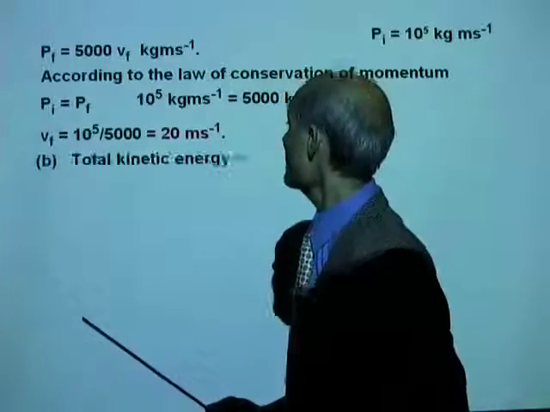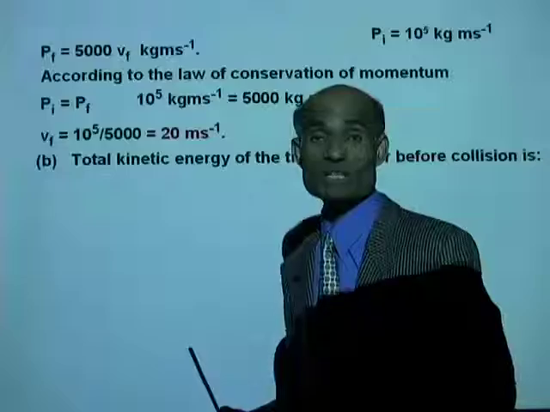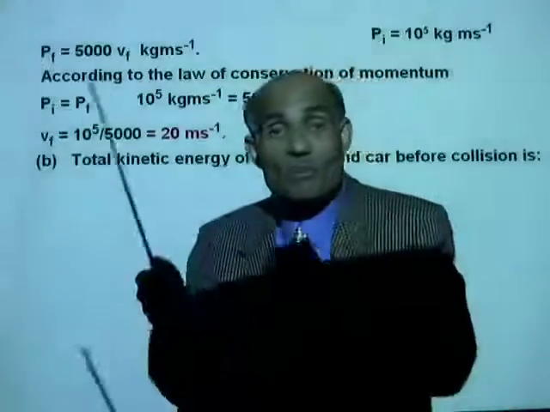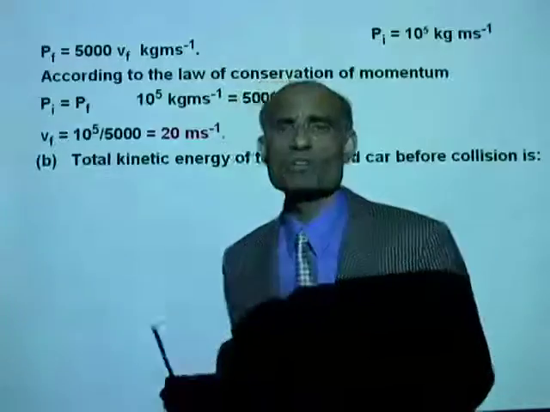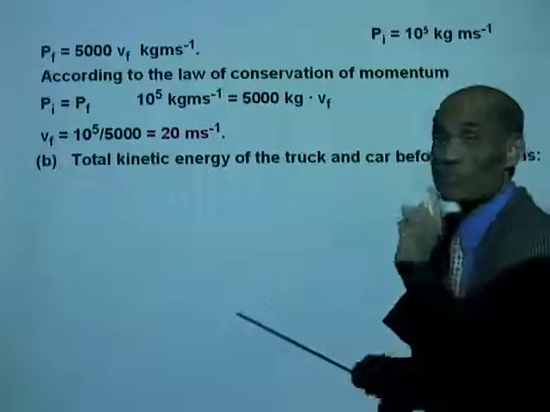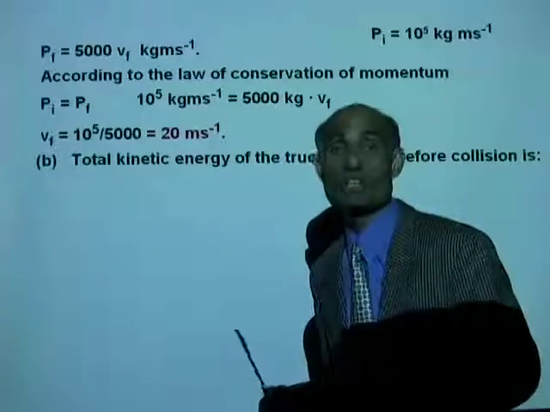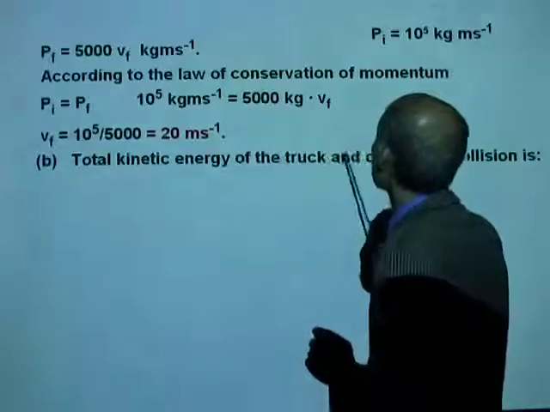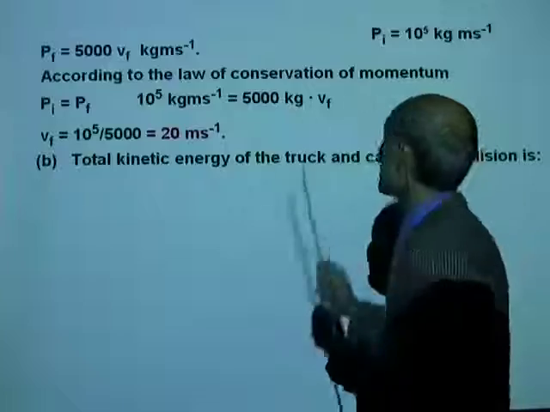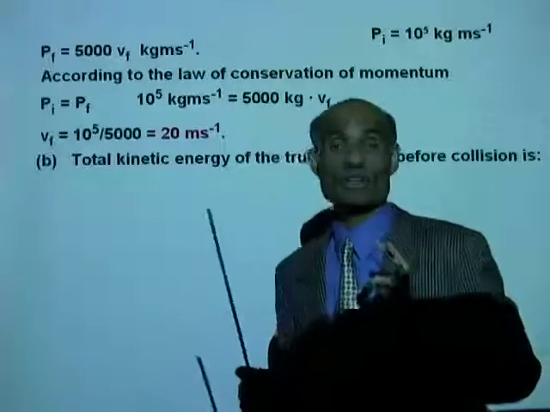Okay. B. What is the B part? In the process of collision, some kinetic energy is lost. We need to find the percentage of kinetic energy lost. Alright, what is the total kinetic energy of the truck and the car before collision?